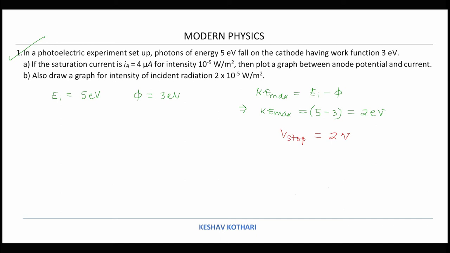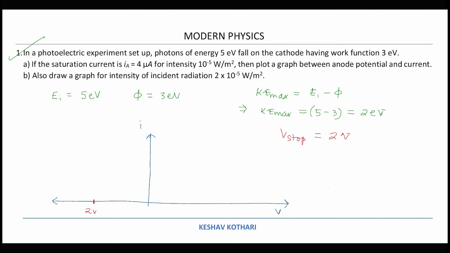Now if we look for this particular graph, we can draw the graph like this. On the y-axis we are measuring the value of current, and along the x-axis is the value of potential V. Over here the stopping potential is marked as 2 volt.